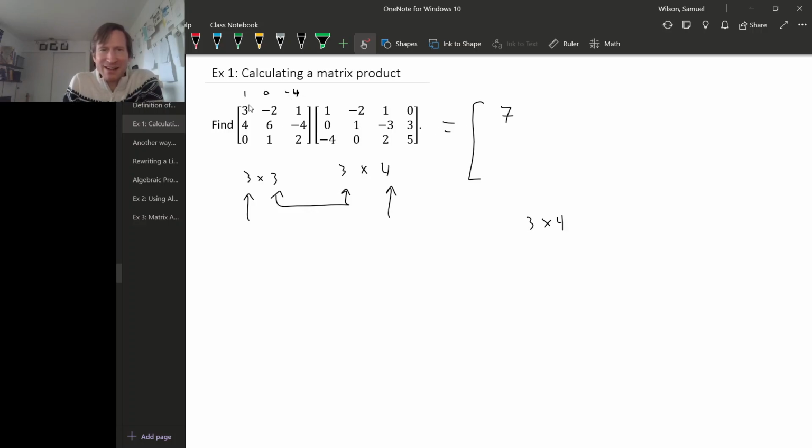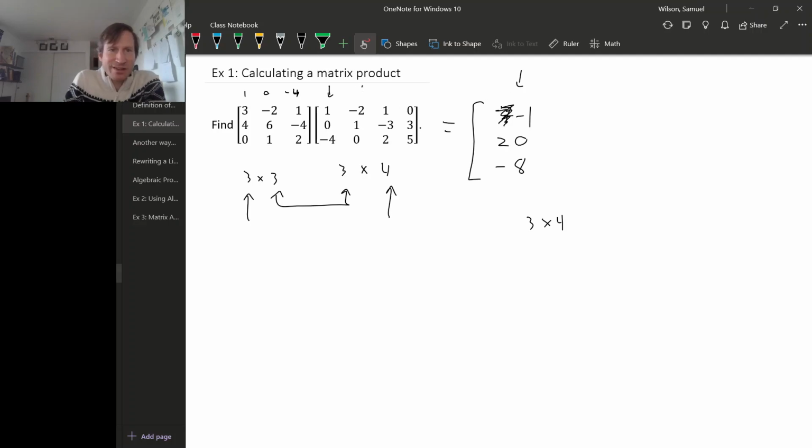So let me do that again. 3 minus 4, this should be minus 1. Okay. And now 4 plus 16, that's 20. And then 0 minus 8, that's minus 8. Okay, that's using the first column, and it gives me the first column.